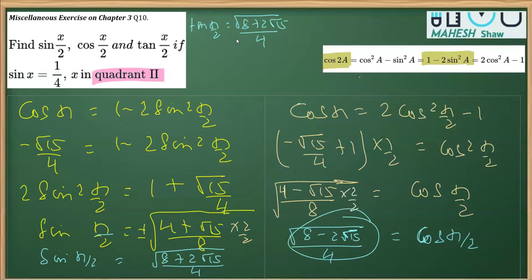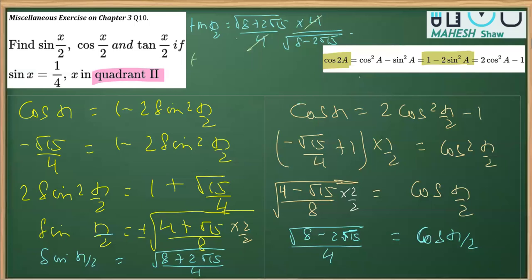Dividing is same as multiplying with the reciprocal. So we'll write 4 in the numerator and under root 8 plus 2 root 15 in the denominator. So this is minus, right? I'll write it properly. This is under root 8 minus 2 root 15. So now we can reduce this here.